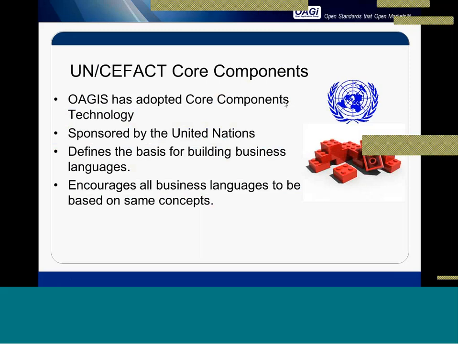And by adopting these core technologies within our data modeling, we're able to provide greater rigor in our model and also have greater interoperability between different standards, because many standards organizations are adopting the same thing.